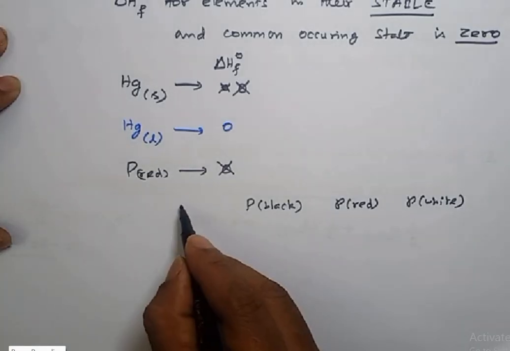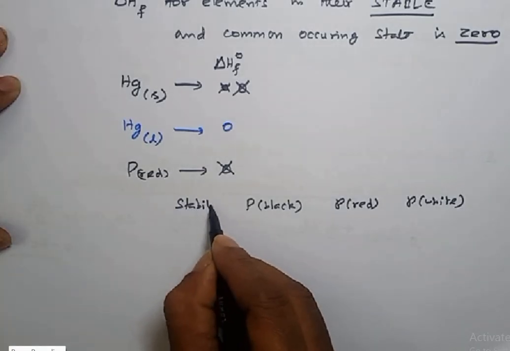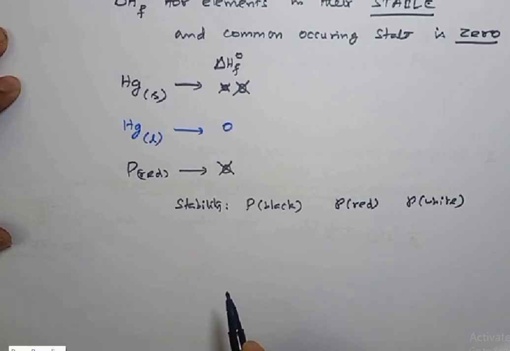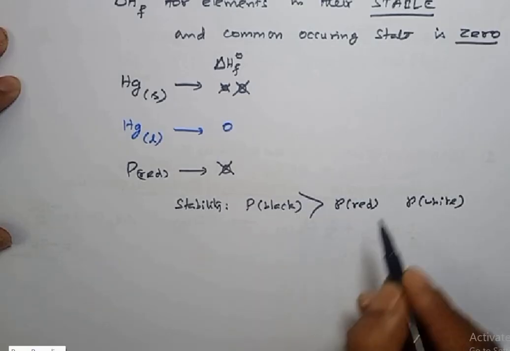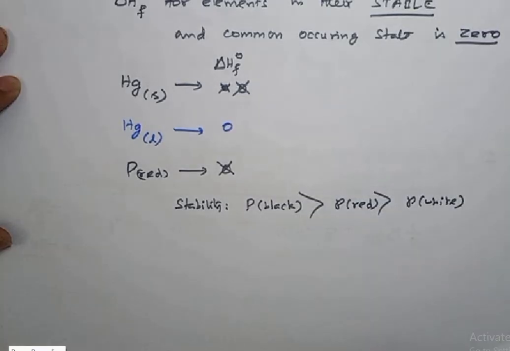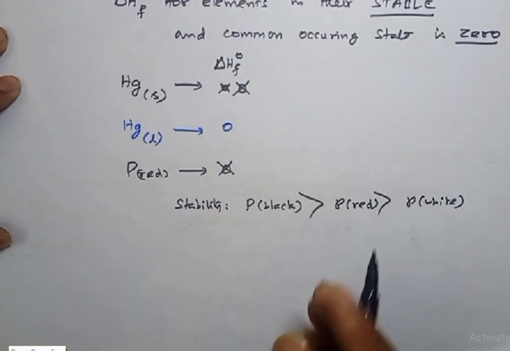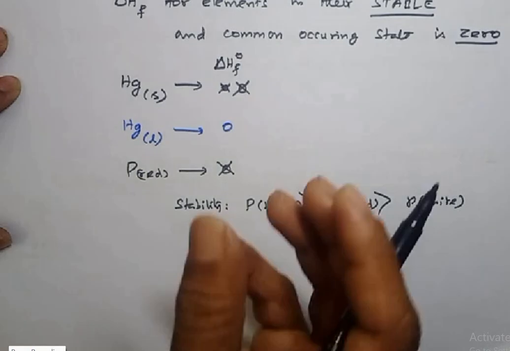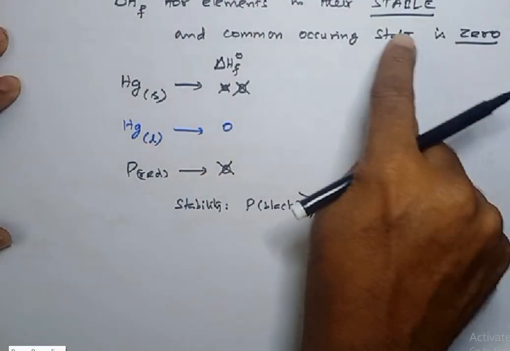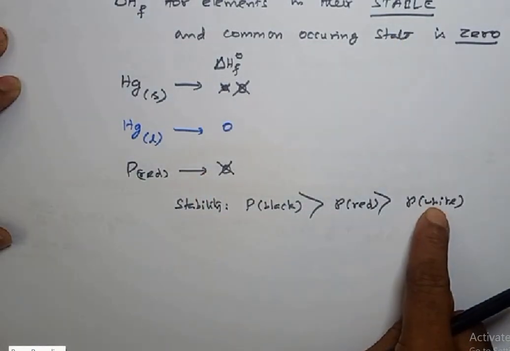If you compare their stability, black phosphorus is more stable than red phosphorus, which is more stable than white. But if you see their common occurrence, the abundance is very high for white phosphorus.